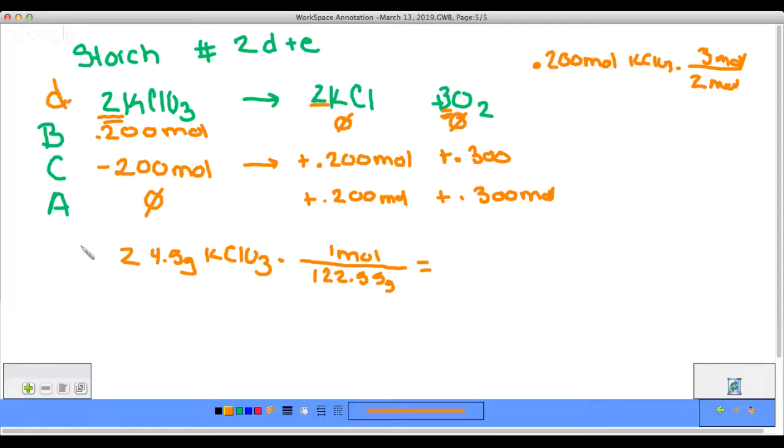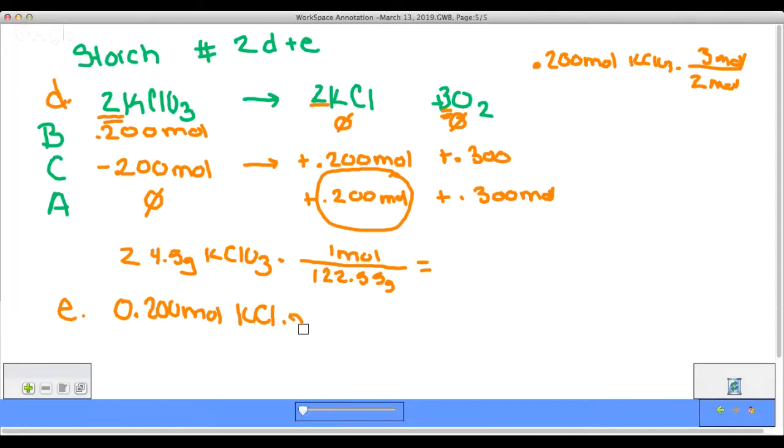If we look at E, it says find the mass of KCl produced. Well, we know how many moles, so all we need to do is convert moles into grams. So we're going to take 0.200 moles of KCl, and my pen is dying again. It doesn't like me. And so we're going to plug in the molar mass.